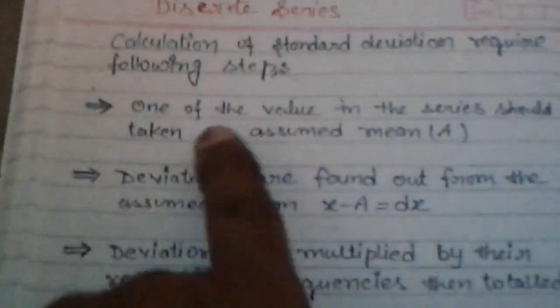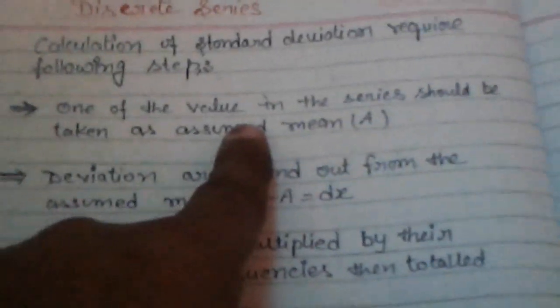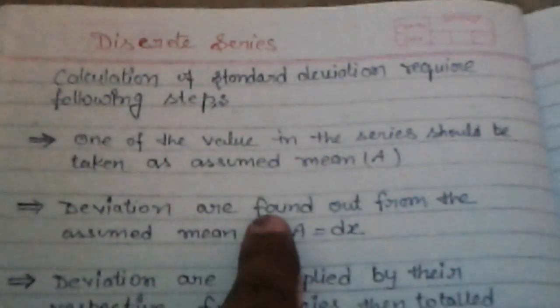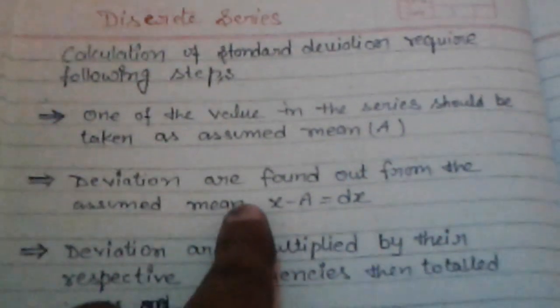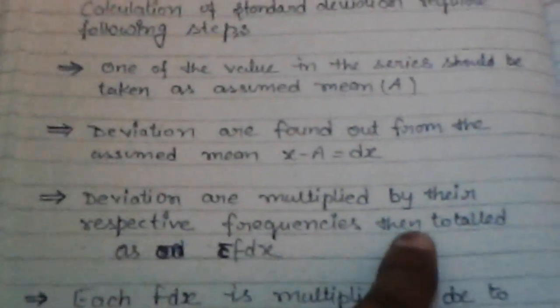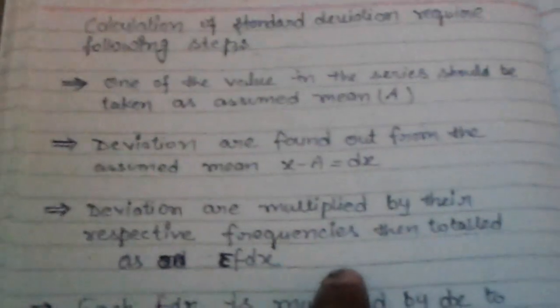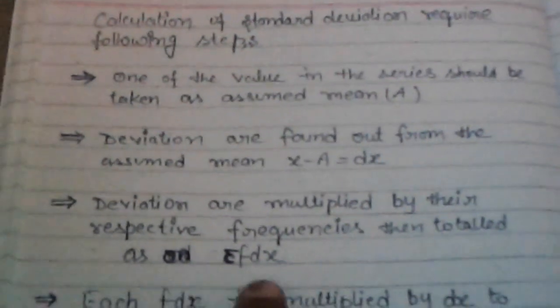If we are going to calculate the standard deviation of a discrete series, the following steps should be followed. First, one of the values in the series should be taken as the assumed mean. Deviations are found from the assumed mean and multiplied by their respective frequencies, then totaled as sigma fdx.